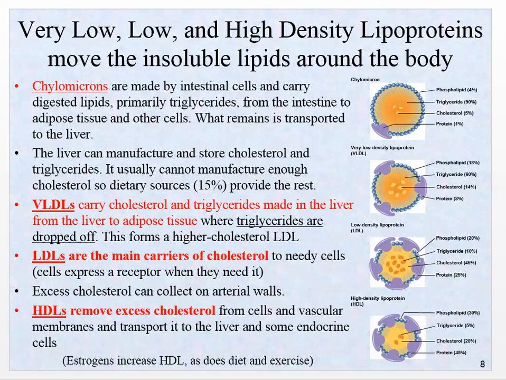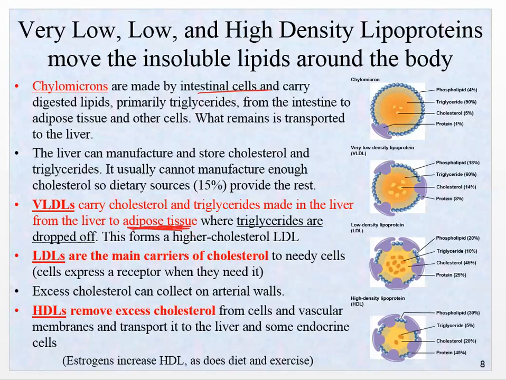Okay, so this is another, I'll go through this really quickly, but very low and high density lipoproteins. So chylomicrons, again, are made by intestinal cells and carry triglycerides to the adipose tissue, other cells, and then to the liver. VLDLs carry cholesterol and triglycerides made in the liver from the liver to the adipose tissue, so they're dropping off more fat, like I just mentioned.